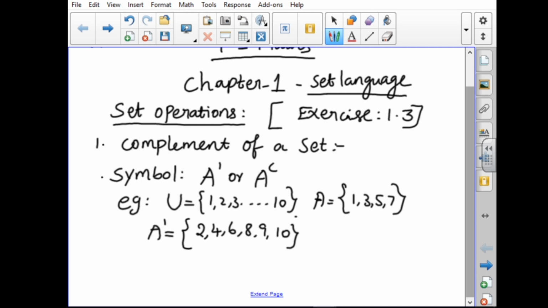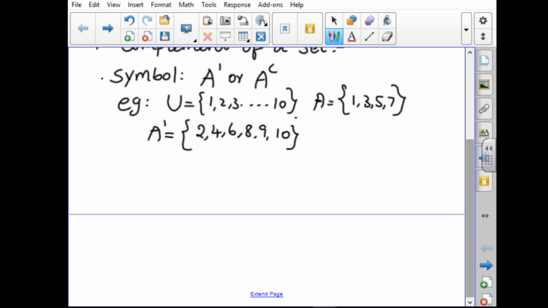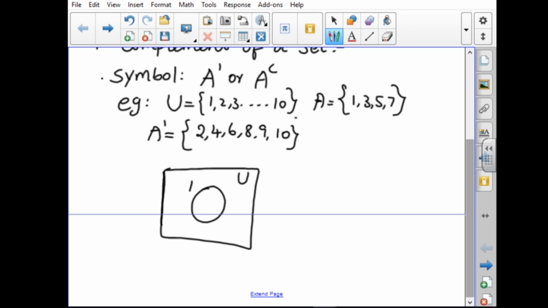So in Venn diagram, this is the universal set, this is set A. This part, except A part in the universal set, is called A dash or A complement.